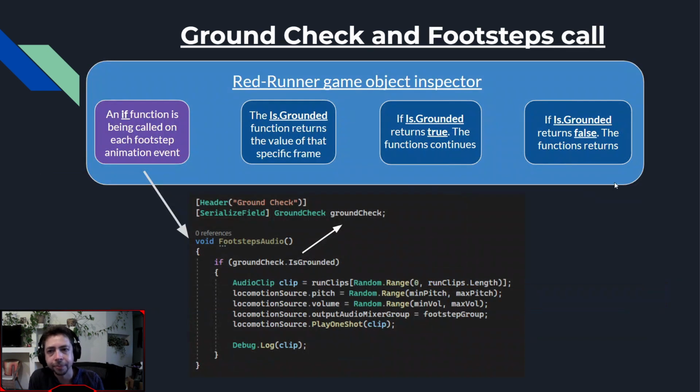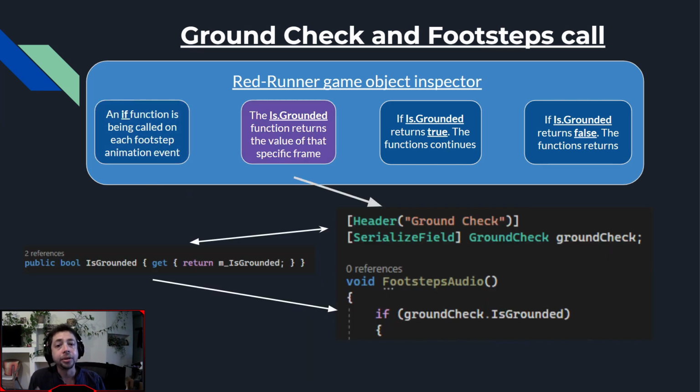Okay. So first of all, we wrote down an if function that is being called on each footsteps animation event. If you remember correctly, we have those animation events that are calling the footsteps audio on the actual running animation. Now, this if function is referencing the isGrounded function from the GroundCheck script, and it returns the current value that it actually had on that specific frame of the call.